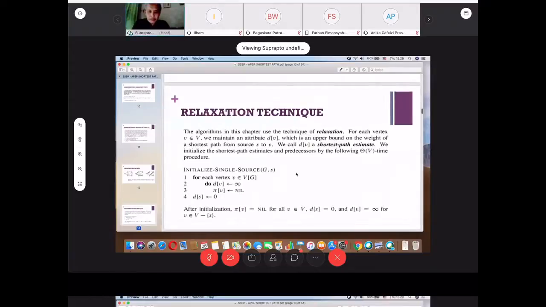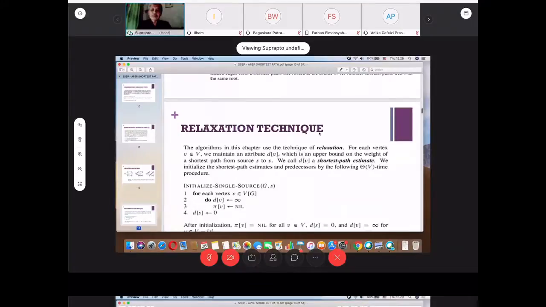Turns out we have a technique called relaxation. The algorithms in this chapter use the technique of relaxation. For each vertex v, we maintain an attribute v.d. You could use the new notation v.d, but d is not for discovery, d is for shortest path estimate.